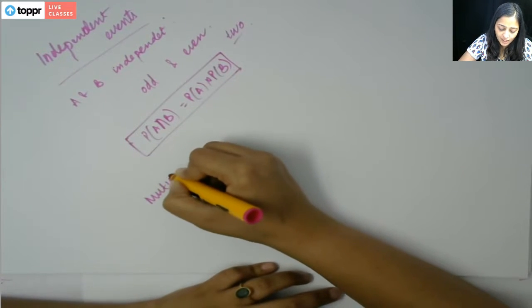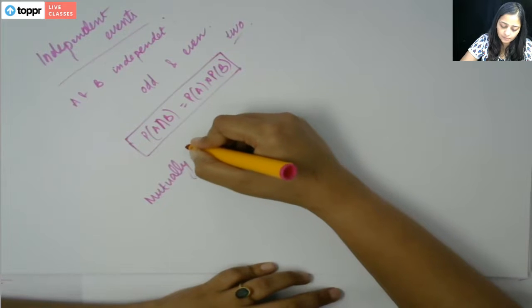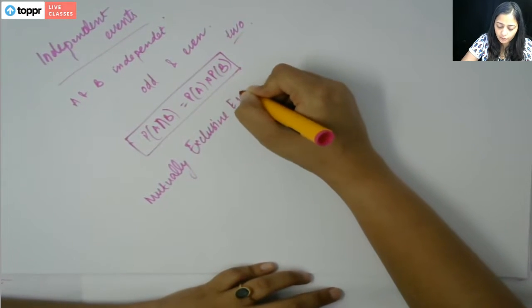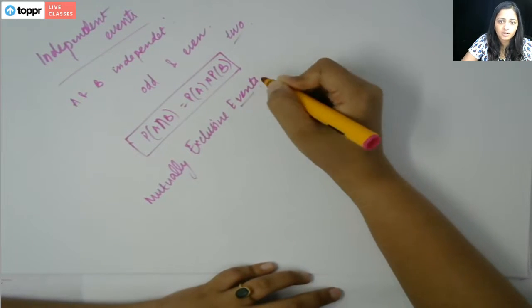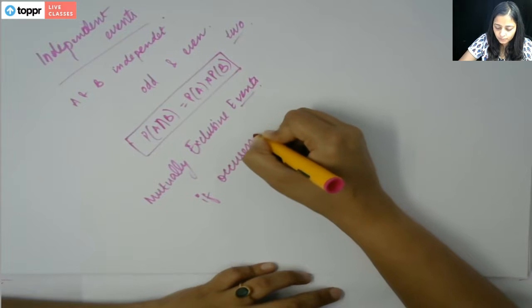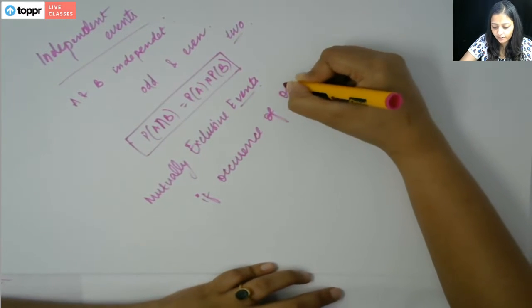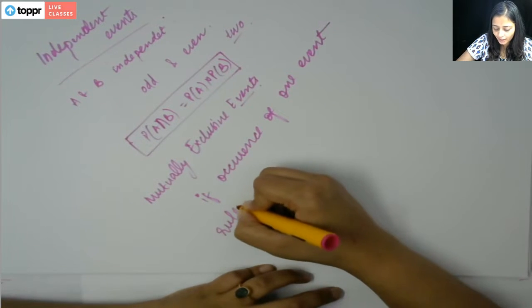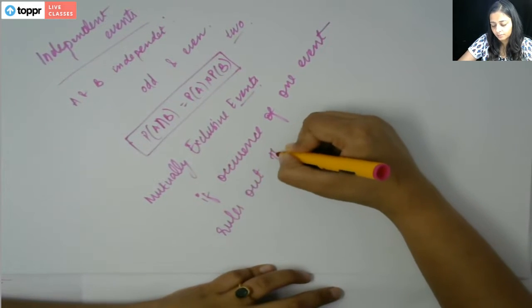Then we have mutually exclusive events. What do we mean by mutually exclusive events? If the occurrence of one event rules out the occurrence of another event.